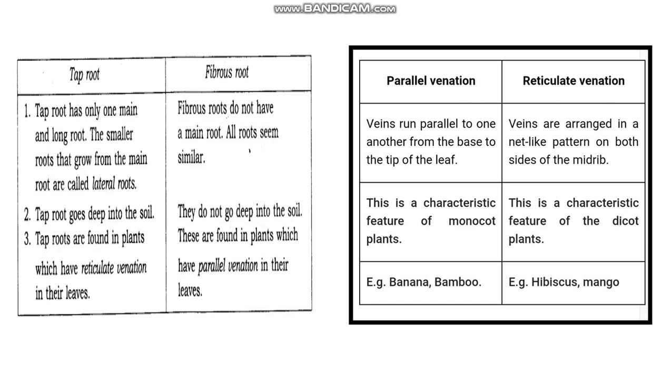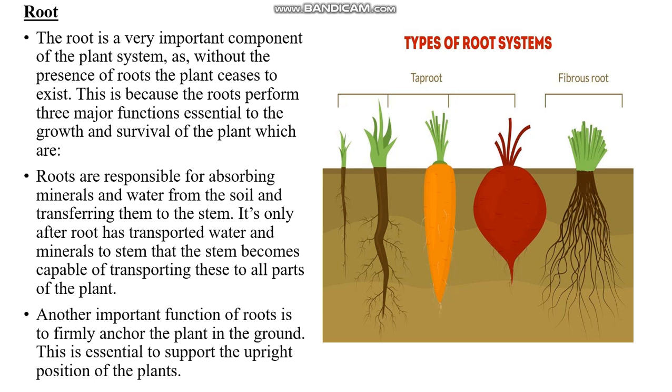Next we will see the taproot and fibrous root. In the taproot, there is one prominent and long root and a bunch of smaller roots that grow from the main root, called lateral roots. In this picture you can see the examples. In the fibrous root, a group of similar size roots emerge from the base of the plant, hence they do not have a main root as in the taproot.